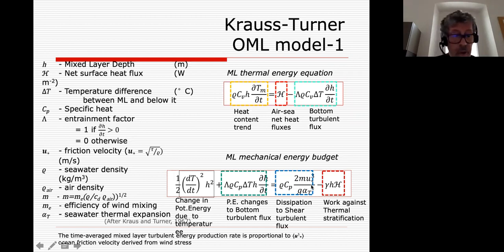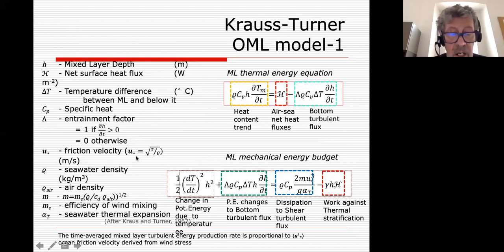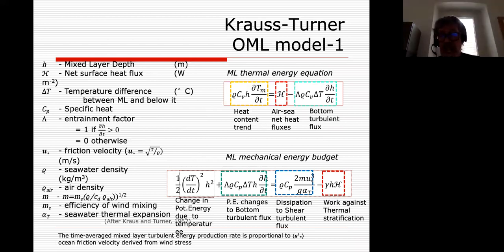And u star cubed involves the so-called friction velocity. Friction velocity is assumed to be the velocity that can be obtained by dividing the wind stress by rho and taking its square root. You may interpret it as the velocity at the interface that imparts the turbulent component to the ocean interior.